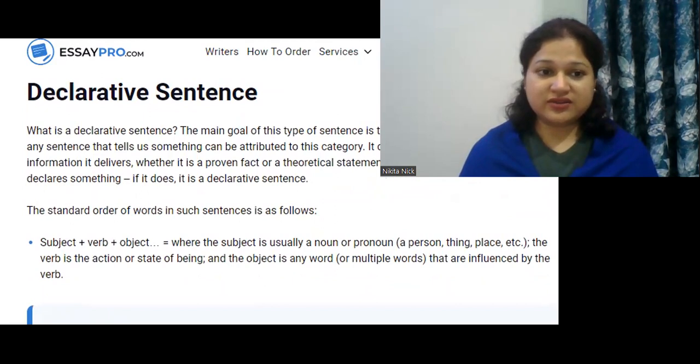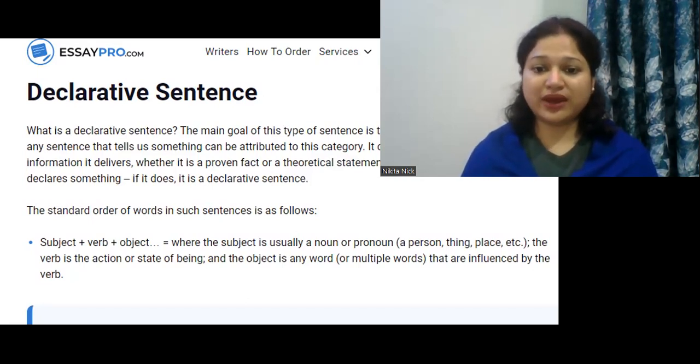In the declarative sentence, we are going to learn its definition and its goal. So, in this type of sentence, you have to make a statement. In brief, any sentence that tells us something can be attributed to this category. It doesn't matter what kind of information it delivers, whether it is a proven fact or a theoretical statement.